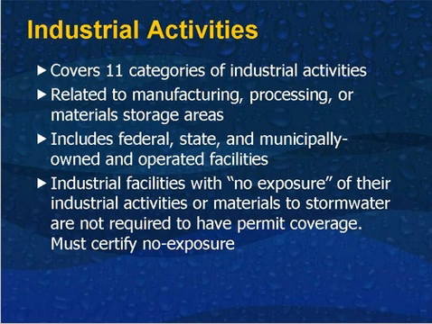We'll go through the individual categories in a couple of slides, but these are primarily your heavy manufacturing and processing types of facilities. And it can include any federal, state, or municipally owned facilities. So, for example, one of the categories is stormwater discharges from wastewater treatment plants. So those are obviously municipally owned, and if they're covered, they should be required to comply.